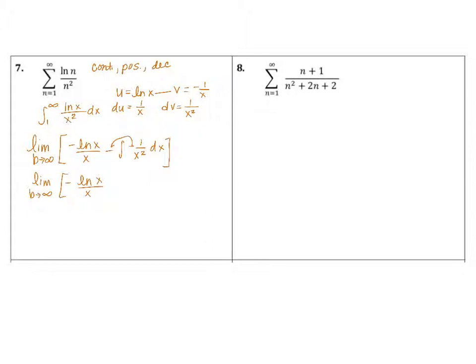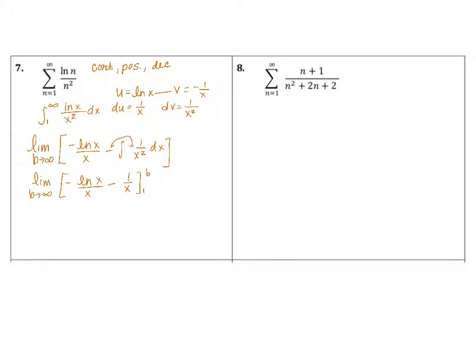But if I integrate x to the negative 2, that's going to generate another negative, so that goes back to a negative. I'm going to move that back out, and that's going to be 1 over x. And now I've got to evaluate that from 1 to b.